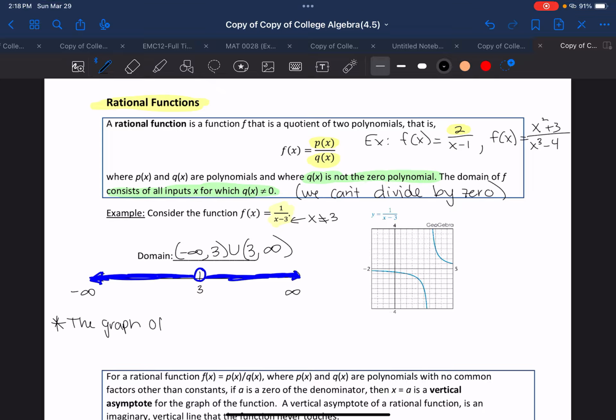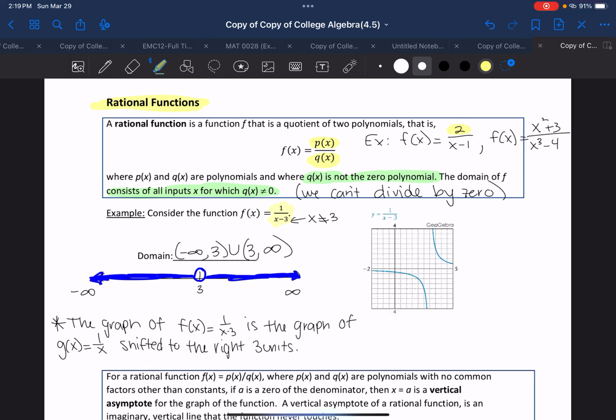The graph of f of x, which is 1 over x minus 3, is the graph of, let's just call it g of x, one of our base functions, 1 over x shifted to the right 3 units.